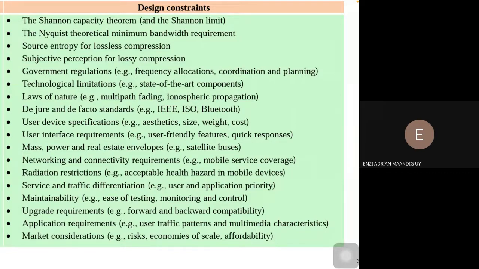Market considerations, upgrade requirement, maintainability. There's also what we call the disposal requirement: there should be a system in place once a device reaches its life cycle or lifespan.